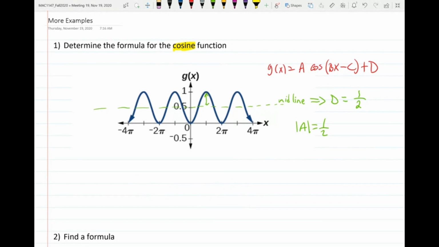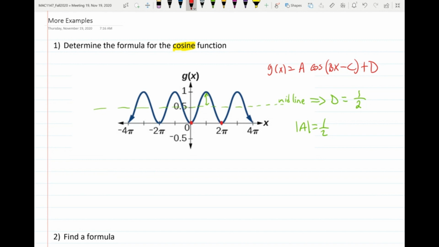So now you can either pick here a cosine shape that will have a shift or a shape that doesn't have a shift. It doesn't matter which one you pick. I will recommend that if possible, pick it without shift because that's just gonna make the formula easier. We're not gonna have anything weird happening inside the x, if possible. So in this case, I want you to take a look at this.